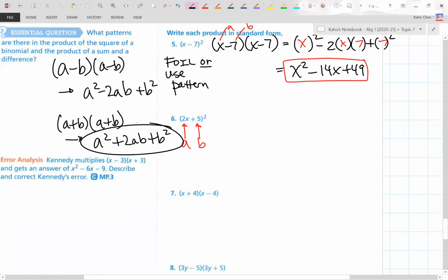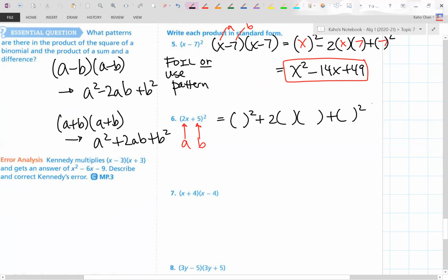This is A squared plus 2AB plus B squared. It's kind of cool to have these patterns handy. 2x squared is 2x times 2x is 4x squared. Be careful there. Plus the middle product there. 2 times 2 is 4 times 5 is 20x. And then 5 times 5 is 25.